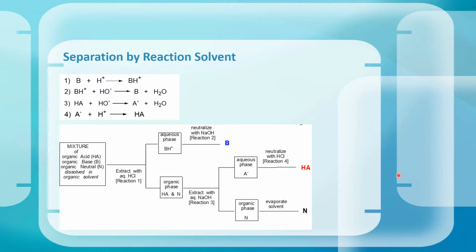As far as a process for this, it's pretty simple. You have your organic acids or bases or a neutral. They're dissolved in a solvent. You extract with an acid, in this case, has been selected, and you're going to get some aqueous phase here with either your additional charge from having a proton added, or it could be, in some cases, simply just turning it into a salt, essentially.